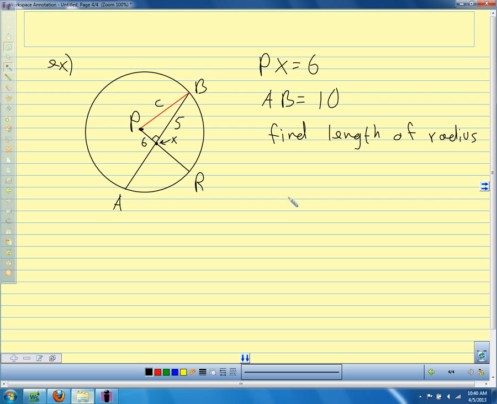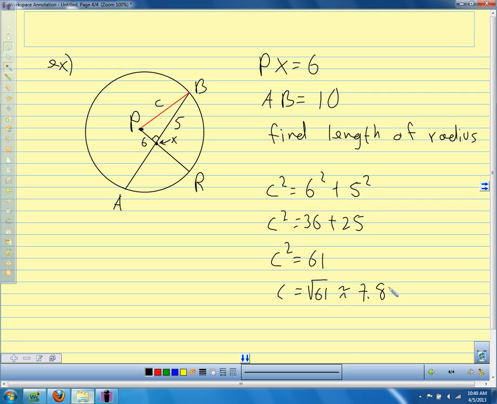So that's side C. So I know that C squared equals 6 squared plus 5 squared. So C squared equals 36 plus 25. C squared equals 61. So C equals the square root of 61, which when I plug in my calculator is approximately 7.81 units.